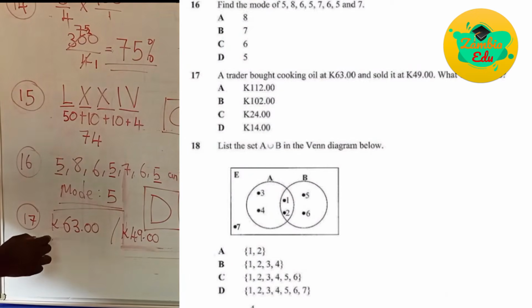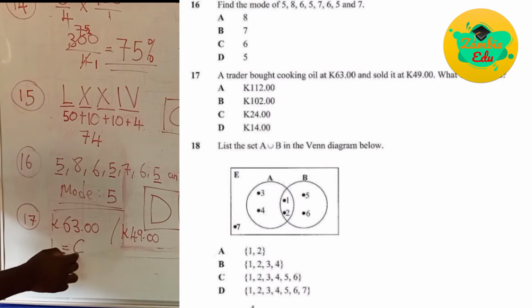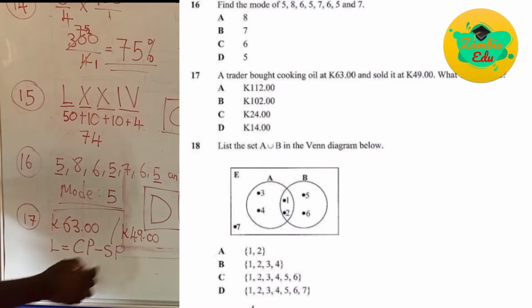subtract. So our loss there is going to be equal to the cost price minus the selling price.